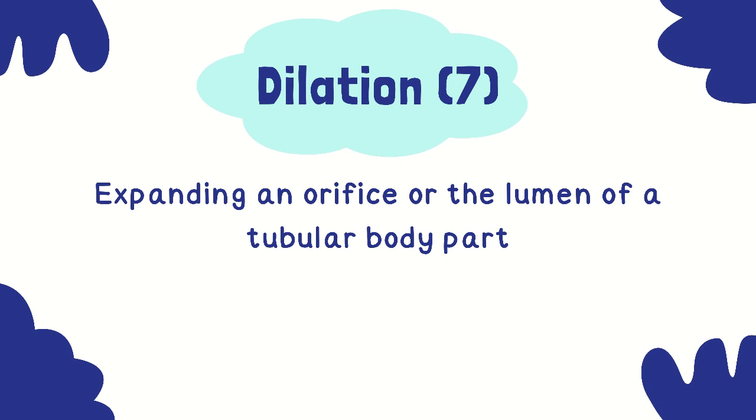As true of restriction and occlusion procedures, dilation also includes intraluminal and extraluminal devices to accomplish the enlargement. An intraluminal pressure can be used to stretch a tubular body part, which then makes it larger.